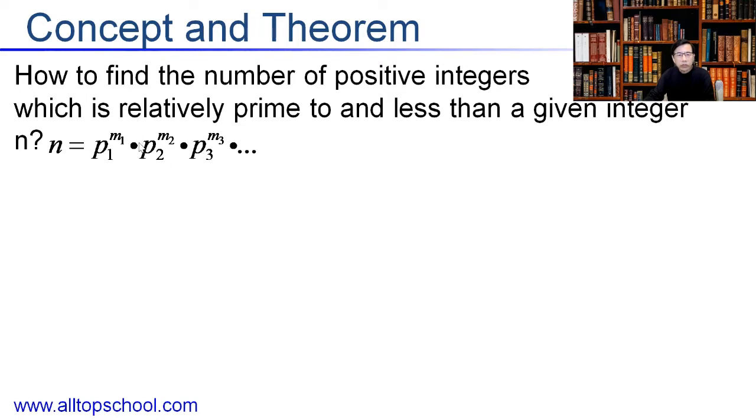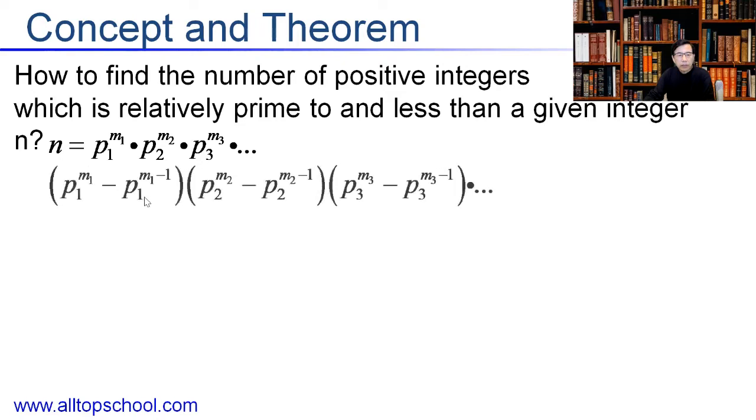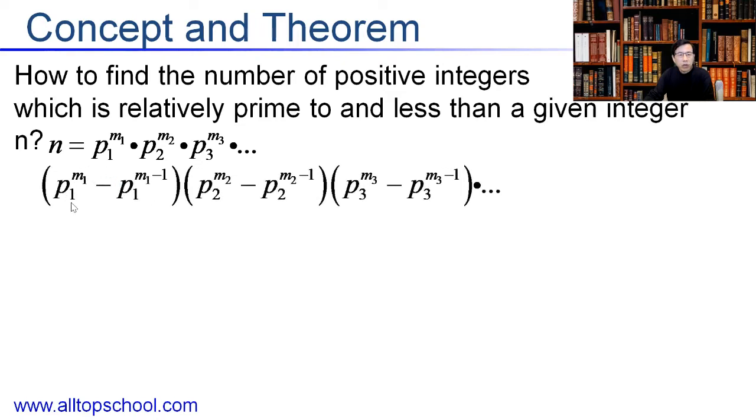For each prime power, you take the power of that prime minus the one-less power of that prime. If the power is already 1, the one-less power is p to the 0 power, which is 1. You multiply these together, and you get the count of integers which are relatively prime to and less than n.